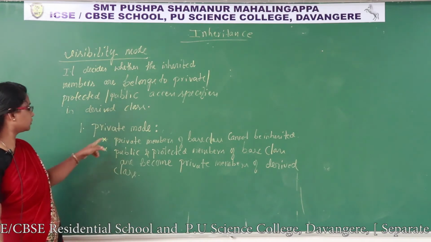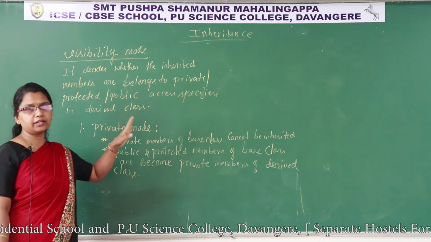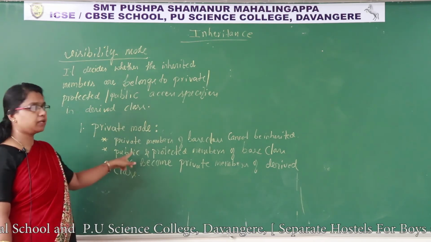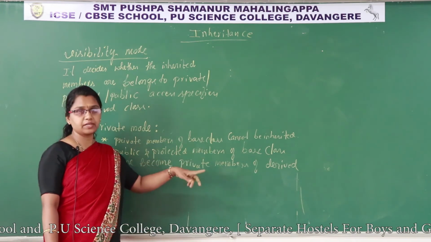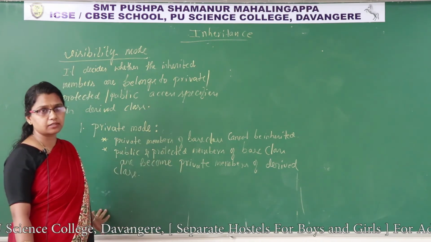Are you understanding? So private members of base class cannot be inherited. They will not be inherited to the derived class. Public and protected members of base class become private members of the derived class.